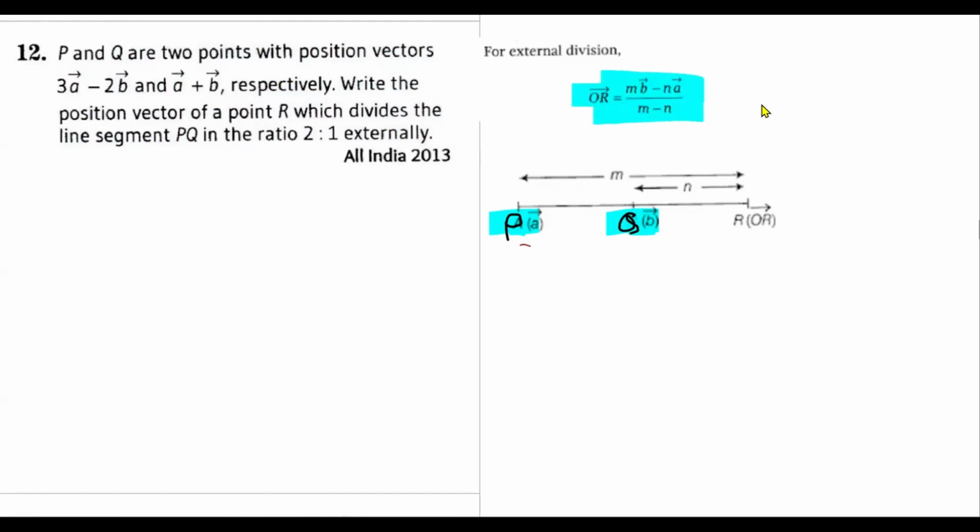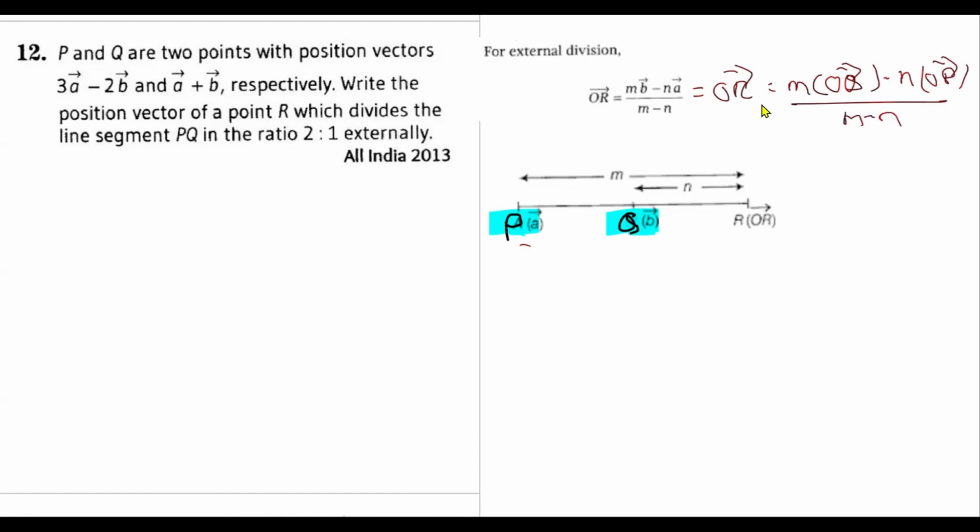You can modify this formula and write it this way: the OR vector can be obtained as M times OQ vector minus N times OP vector, divided by M minus N. So I should better write down what A is here.